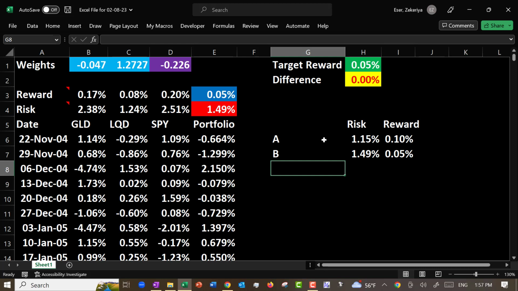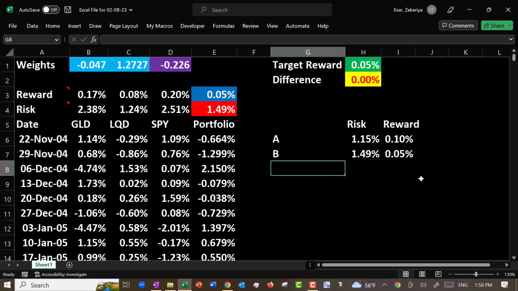Is it inefficient or not? It's inefficient. And what makes you think it's inefficient? Exactly. I mean, it's not complicated. A portfolio is inefficient if you can find another portfolio that has higher reward and lower risk. In this case, we can.